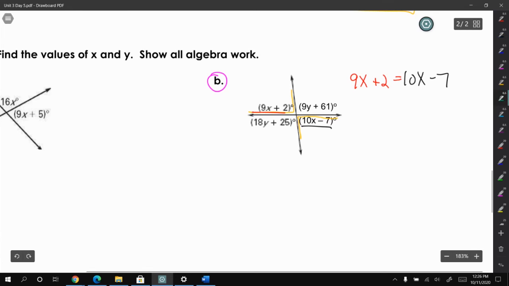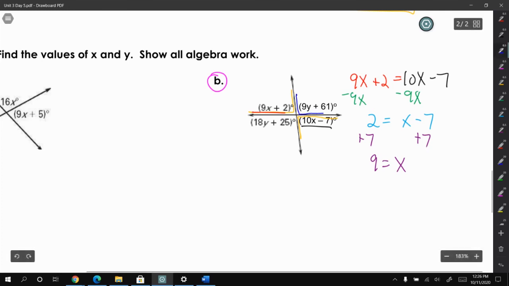And then we'll solve that. Subtract 9x from both sides. We get 2 equals x minus 7. And then add 7. We get 9 is equal to x. Okay, so that's finding x.